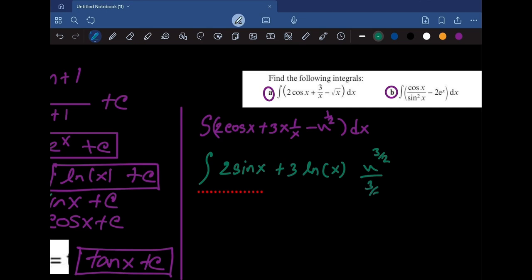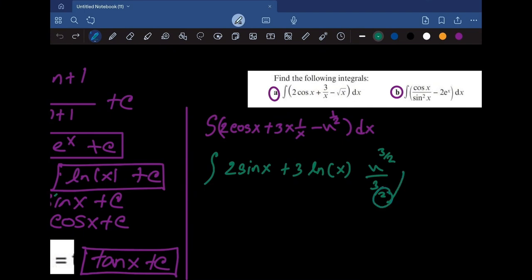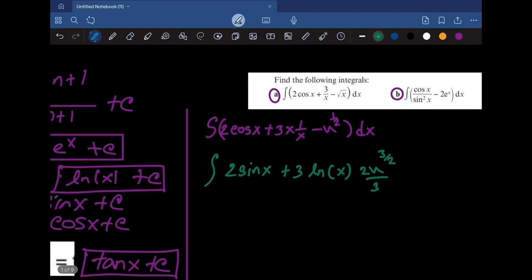If we divide by 3 by 2, the 2 moves to the numerator, and the negative sign stays. So it will become minus 2x to the power of 3 by 2 divided by 3, plus c. Okay, so basically this is the answer.